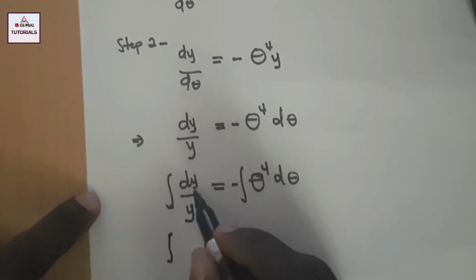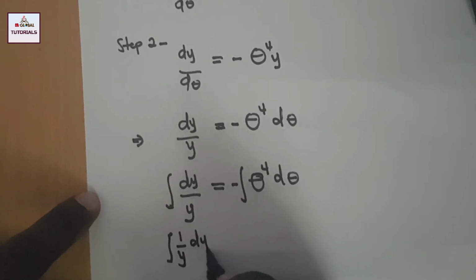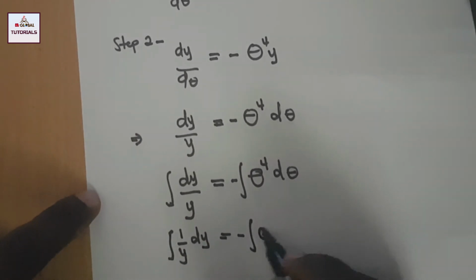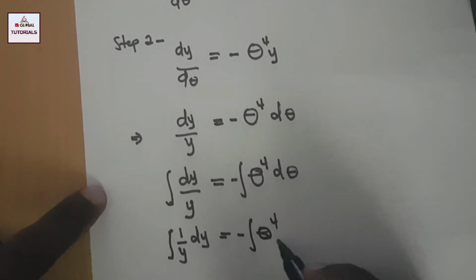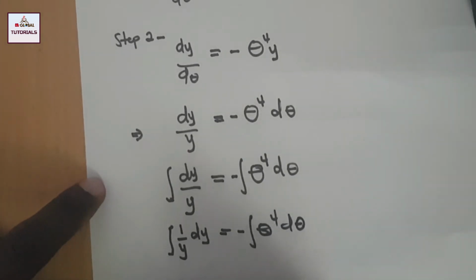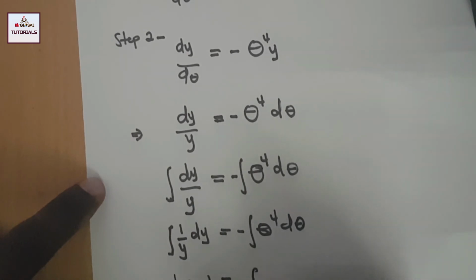Dy over y, we can still write it as 1 over y dy equal to minus theta to the power 4 d theta, and 1 over y gives ln of y, and when you integrate theta to the power 4, it's theta to the 4 plus 1.